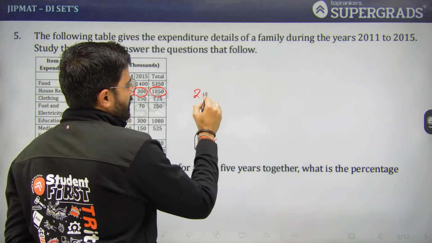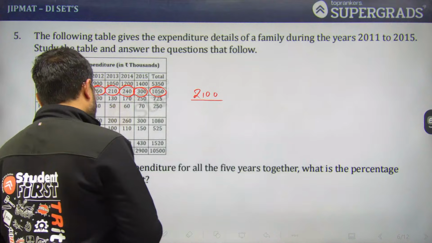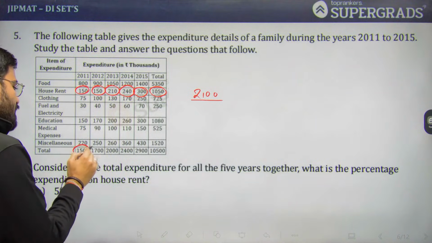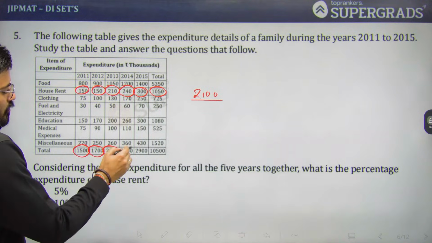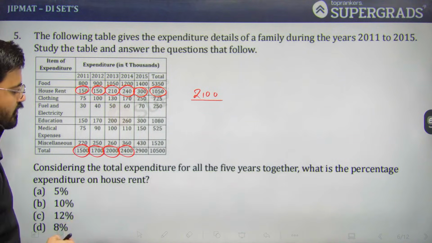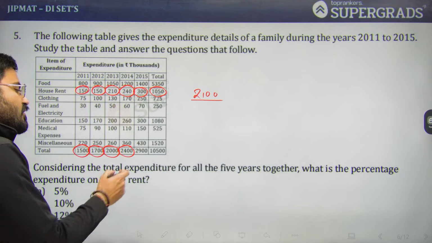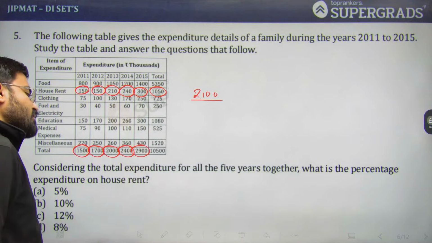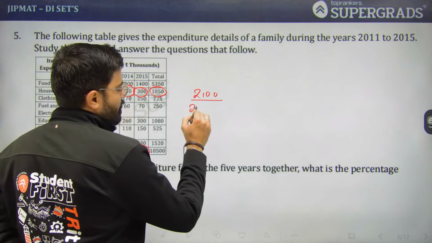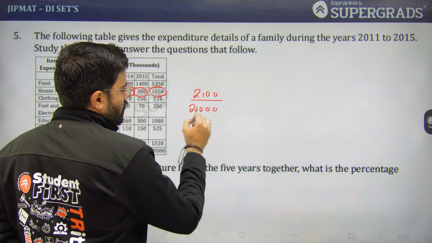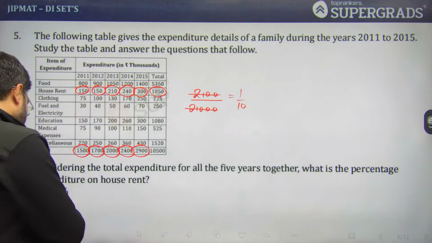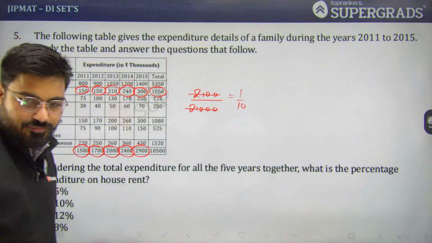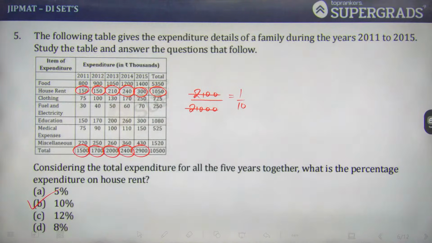So the total expenditure on house rent is 2100, upon what is the total expenditure? 1500 plus 1700 is 3200, plus 2000 is 5200, plus 2400 is 7600. 7600 plus this is 10,500. 10,500 plus 10,500 is 21,000. So what is the expenditure? It is 1 by 10 multiplied by 100, which gives me 10%. Answer is B, Bombay. Yes, very good, Manthan.